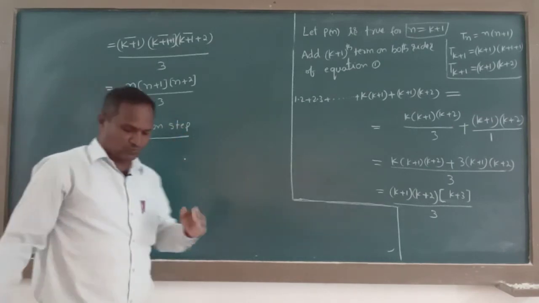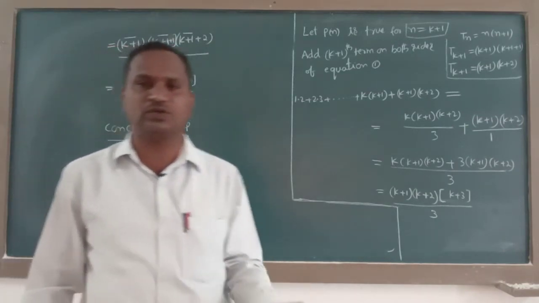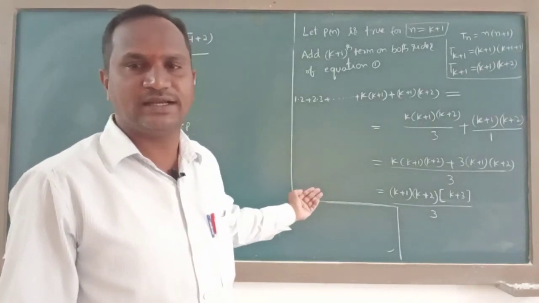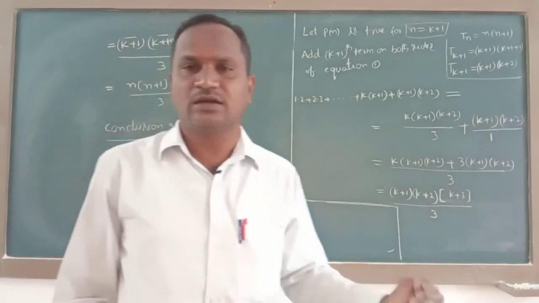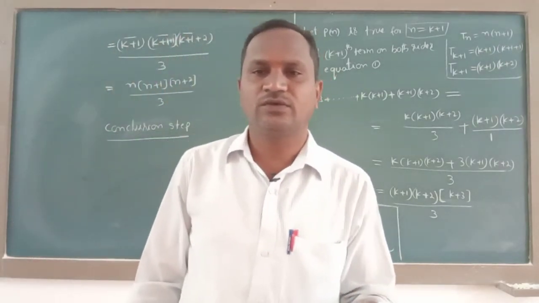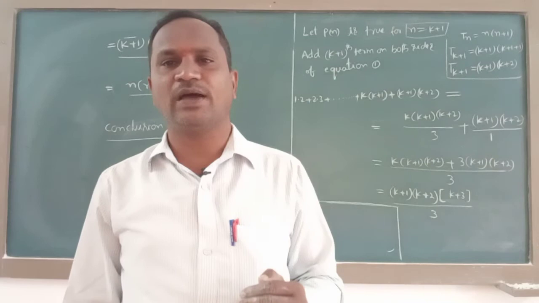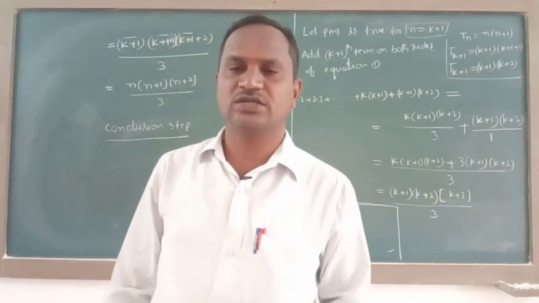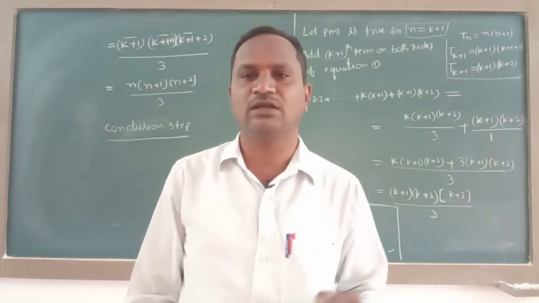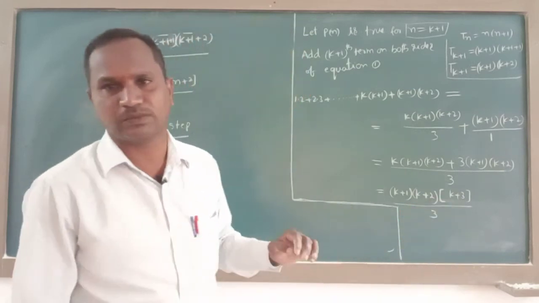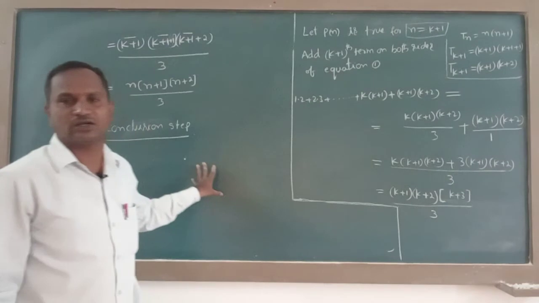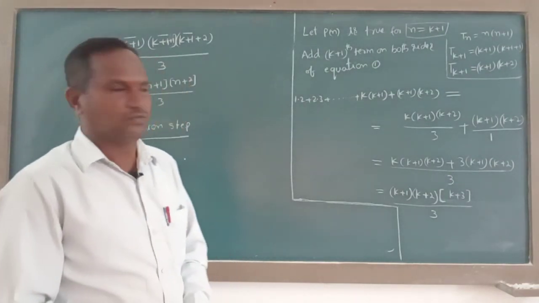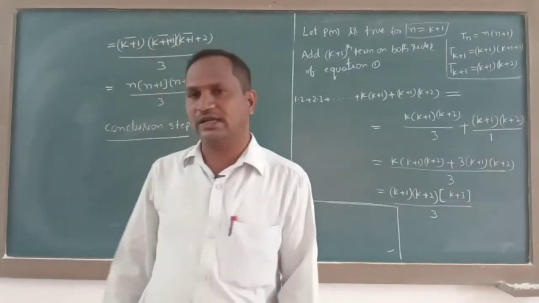Therefore, the given statement P of n is proved by the principles of mathematical induction, that is n is equal to 1, n is equal to k, and n is equal to k plus 1 for all n belongs to capital N. Like that you should write a conclusion step. Let us now solve another question.